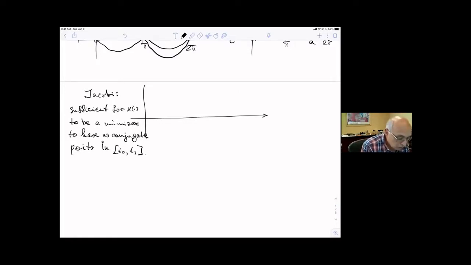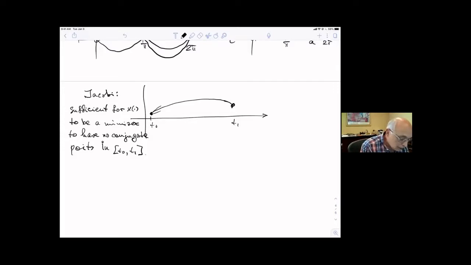So what is a conjugate point? Let's say here is t0, t1, and we found a solution to the Euler-Lagrange equation that connects these two points. How can we tell if it's a minimizer, if this is the shortest solution, at least shorter than all its neighbors? Here's the answer. Take other solutions of the Euler-Lagrange equation near it.